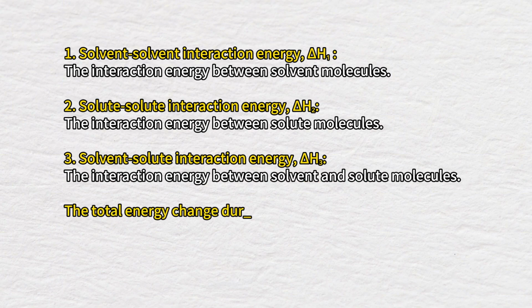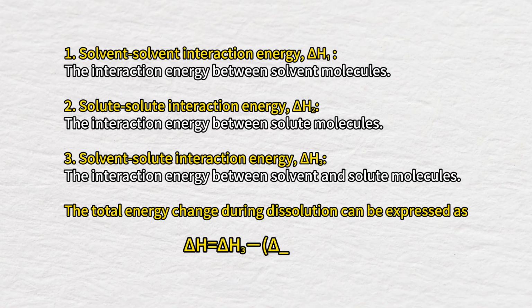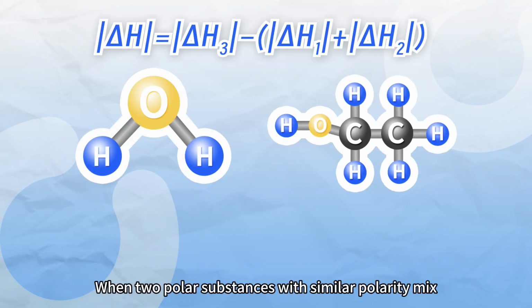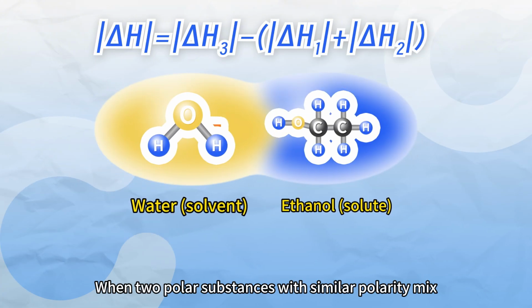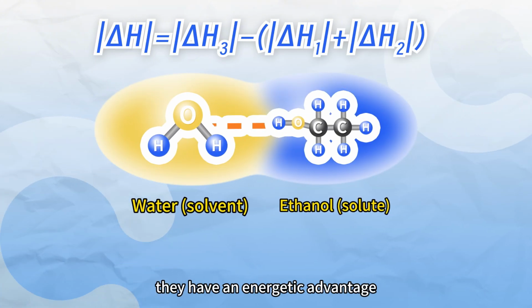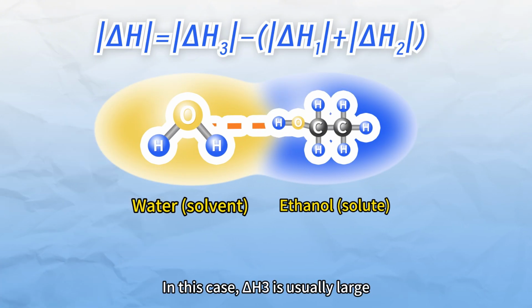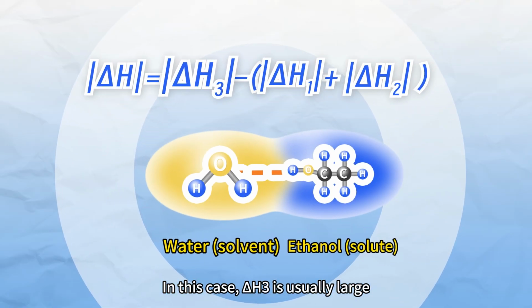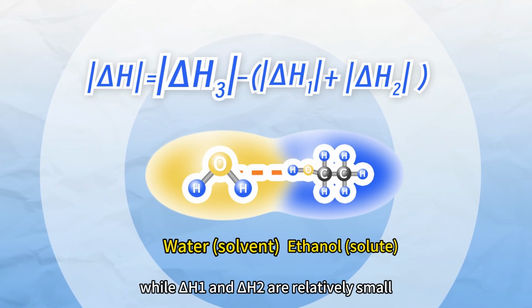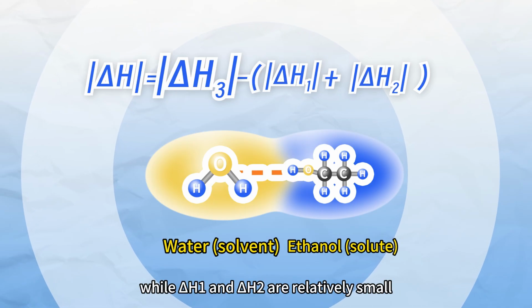The total energy change during dissolution can be expressed as delta H equals delta H3 minus the sum of delta H1 and delta H2. When two polar substances with similar polarity mix, they have an energetic advantage. In this case, delta H3 is usually large, while delta H1 and delta H2 are relatively small.